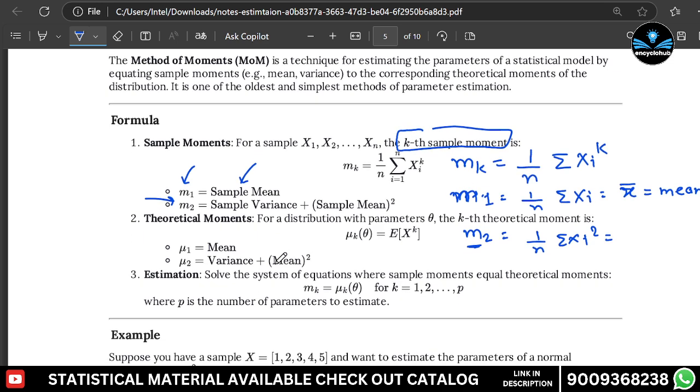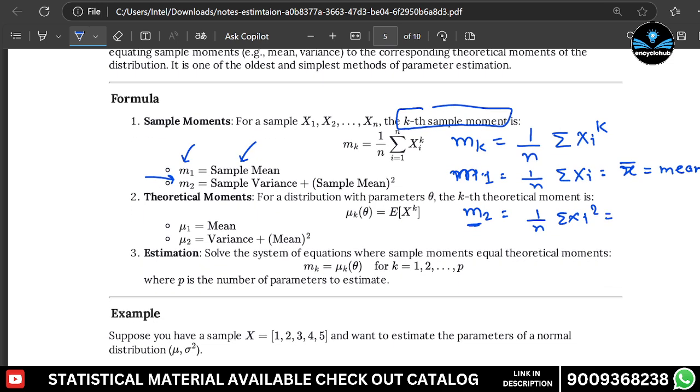Now we are discussing the theoretical moments, which are written by mu. So mu1 will be the mean and mu2 will be the variance plus mean square. These are the formulas you can learn: the first is mu1, which is always the mean, and the second is the variance plus mean square.